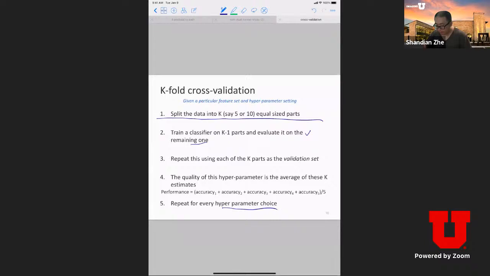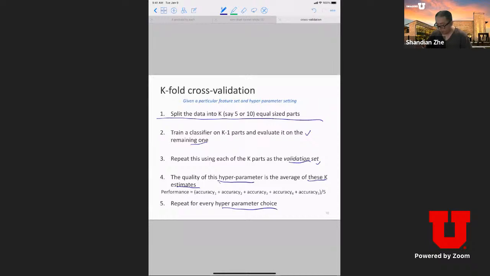We repeat this using each of these k parts as the validation set, right? You get a performance accuracy on each validation set, and then you average these k estimates of the performance as the quality of this hyperparameter. Okay? You get one performance measure for this one setting.